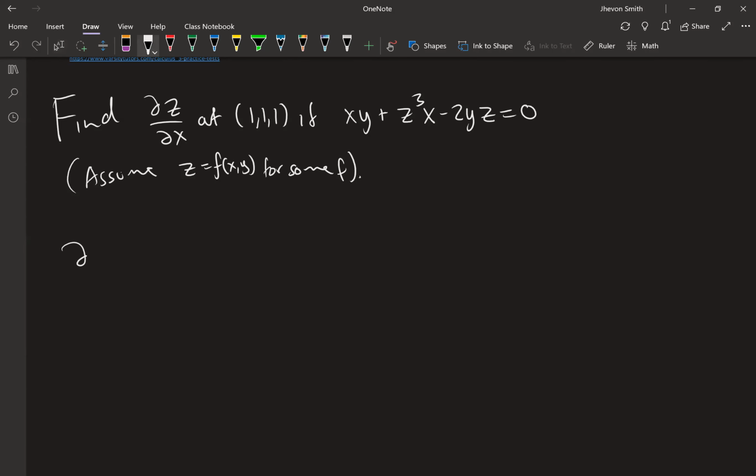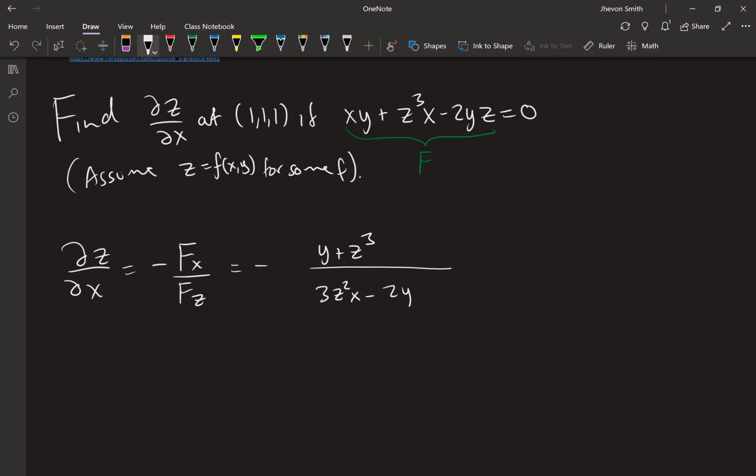Well, the partial of z with respect to x, I would just think of this as minus Fx over Fz, where this guy here is your big F. So that's going to be minus the partial with respect to x everywhere, which gives you y plus z cubed, over the partial with respect to z everywhere, 3z squared x minus 2y.